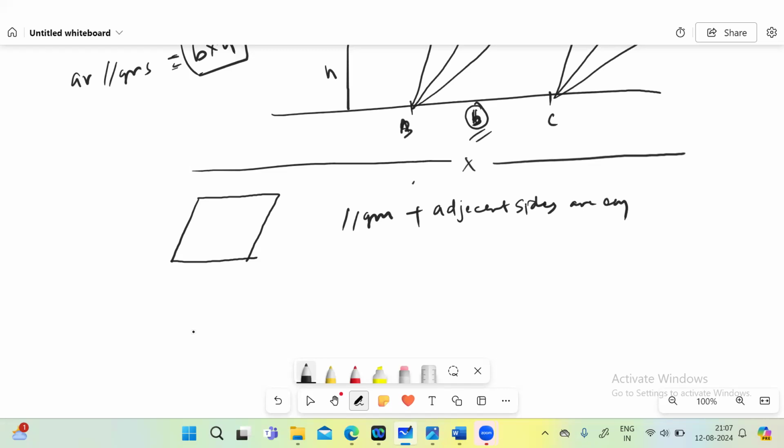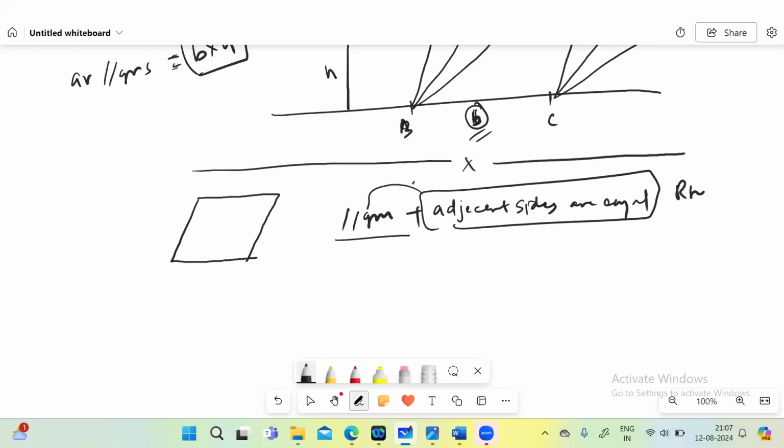So when we are adding this statement to the definition of parallelogram, it becomes rhombus. The basic element of definition of rhombus is this only, but we can have multiple properties because of this condition also.